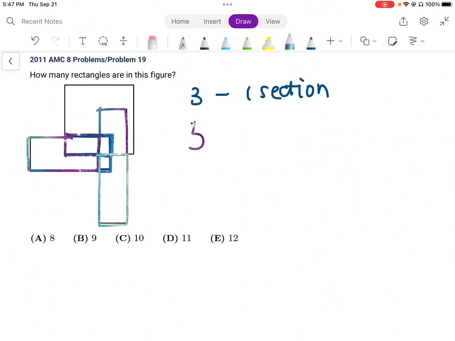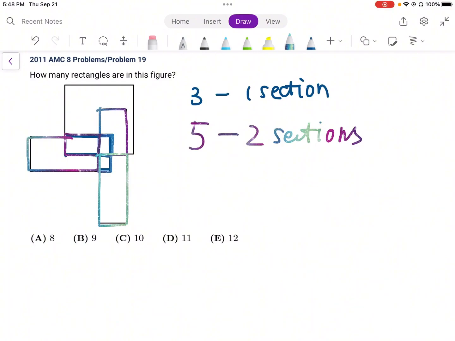So we have 5 rectangles with 2 sections. Then for rectangles with 3 sections, there are none.